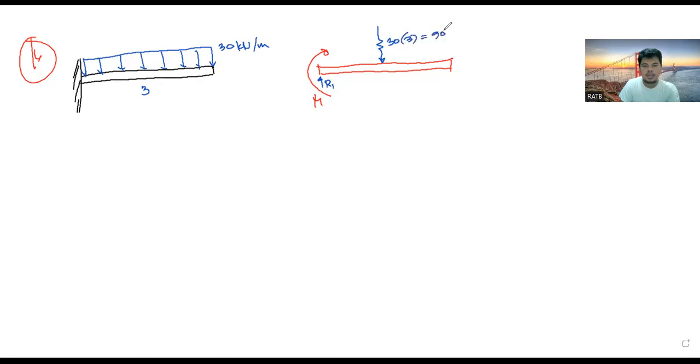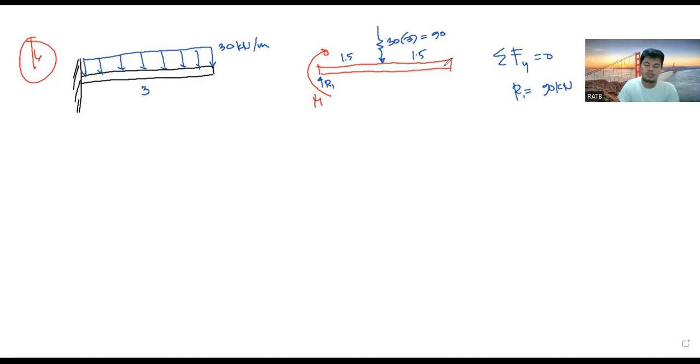That makes it 90. So this would be 1.5 and also 1.5 here. If we sum up forces along y, that would be 0, so obviously R1 is equal to 90 kilonewtons.